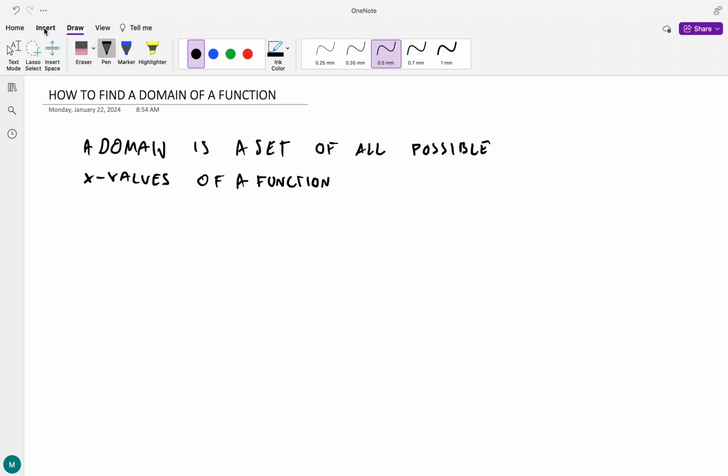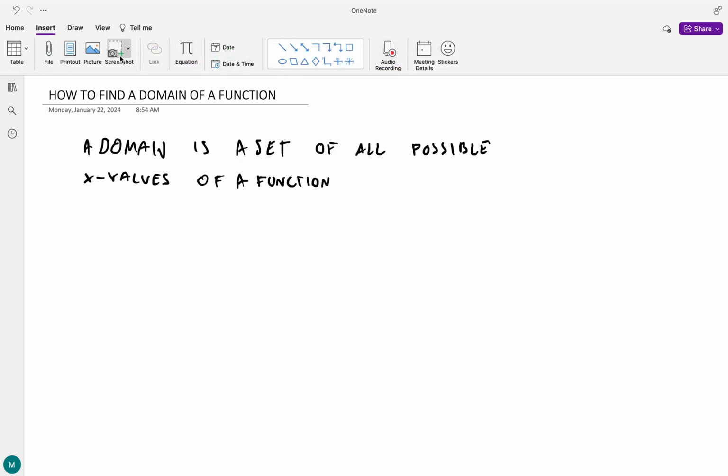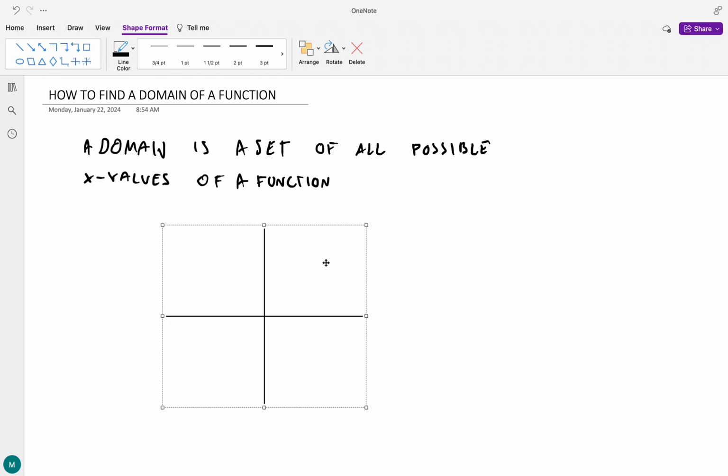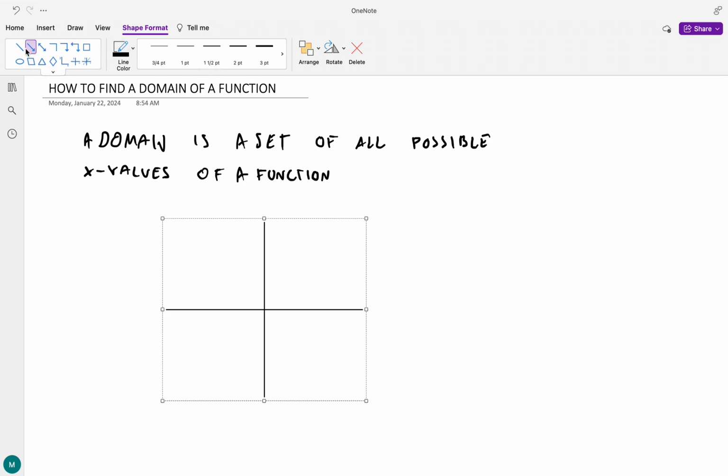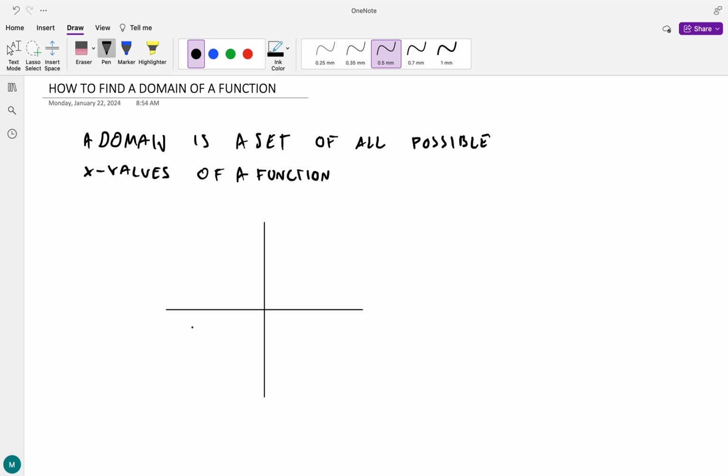So when we introduced graphs of functions, let me insert just one graph of a specific function. Let's say this one is going to be a polynomial that goes like this.